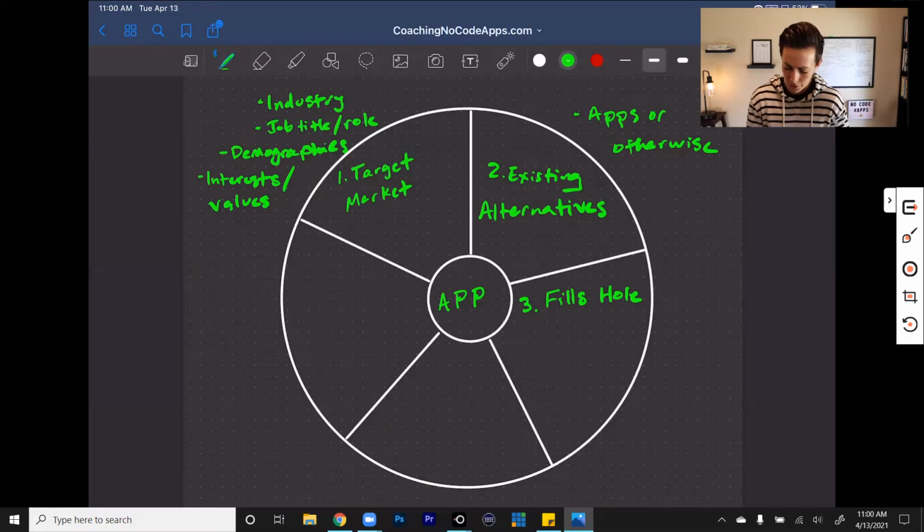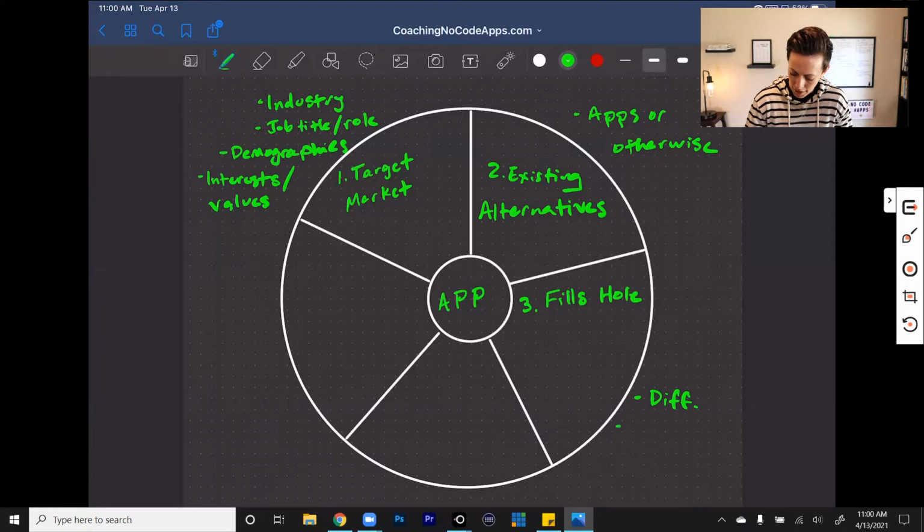What are the holes that exist in these alternatives? If you can fill the hole with your app in some way, then you have an extra layer of validation. And the reason why I say that is because you're taking a problem that's already being solved, but you're just finding a better way to solve it in some way for your target market. So you can see we're really tying all of these together. So what you want to look at here is that you want your app to be different in some way, right? You don't just want to copy another app.